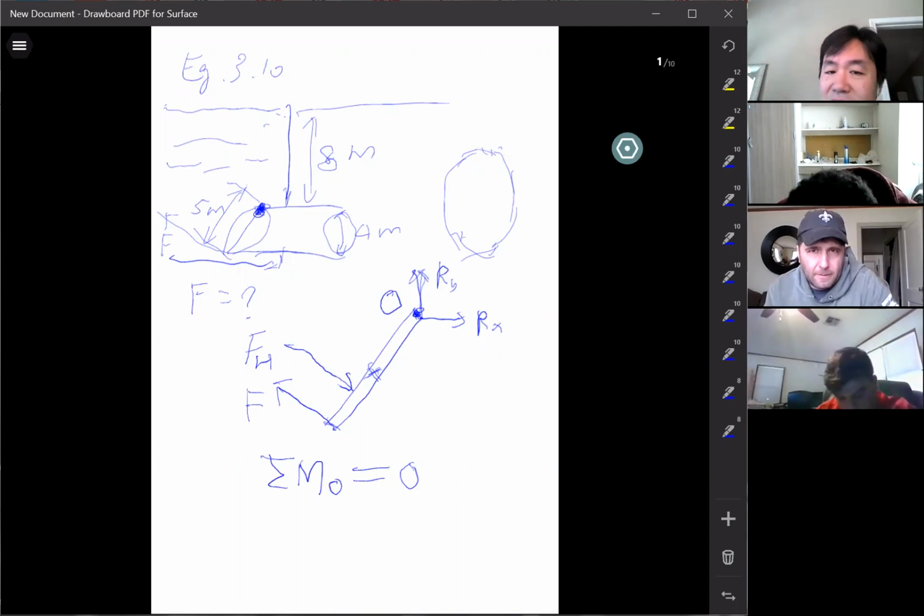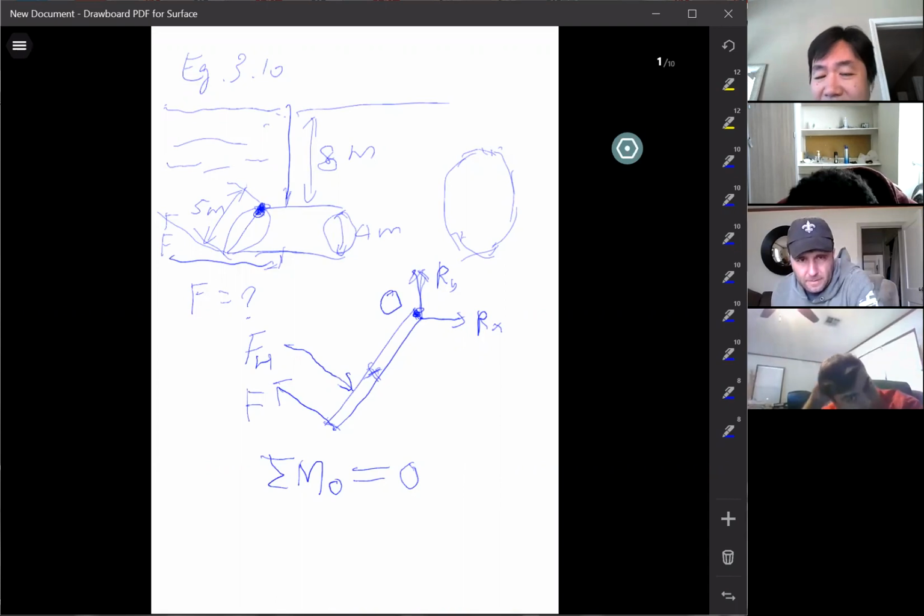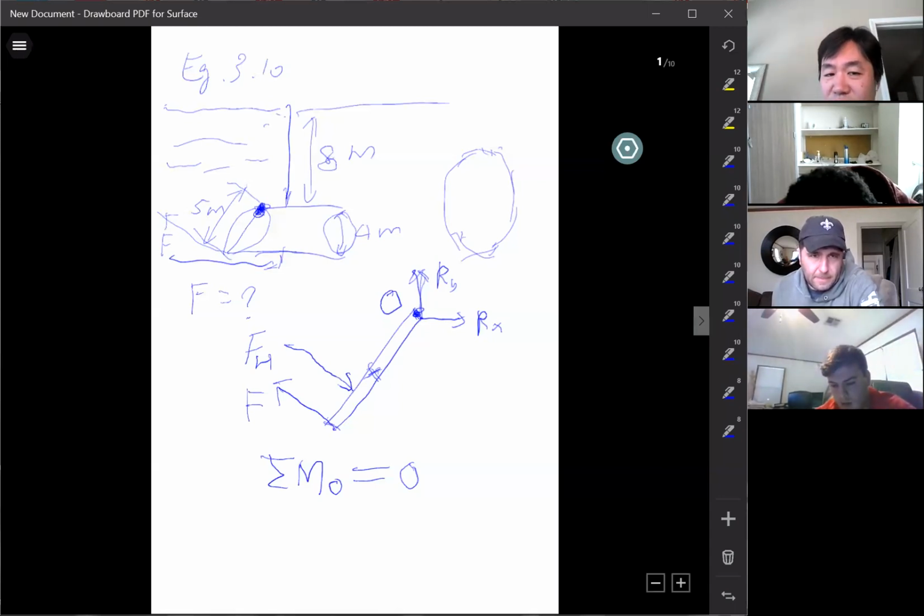Sure, I understand what you mean, but if you want to include that atmospheric pressure force, then you have to add the atmospheric pressure force on the water side too. Then in the equation, FH is not only the water force, but also the atmospheric pressure force on top of the water surface. You don't have to, because they cancel.